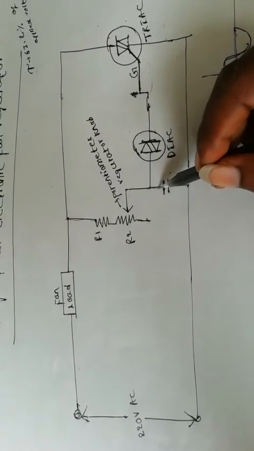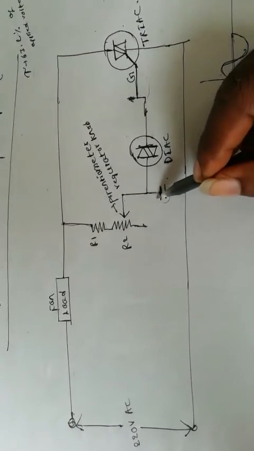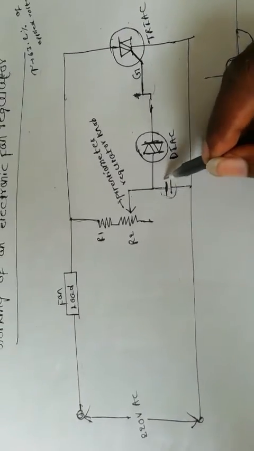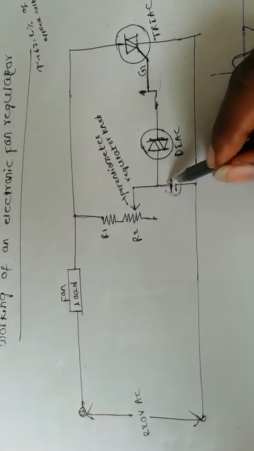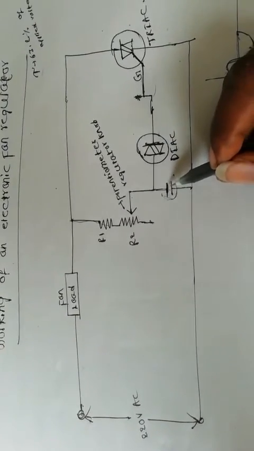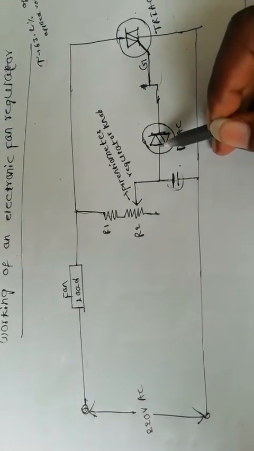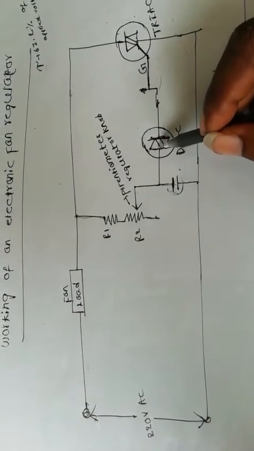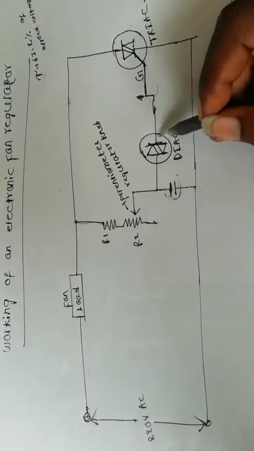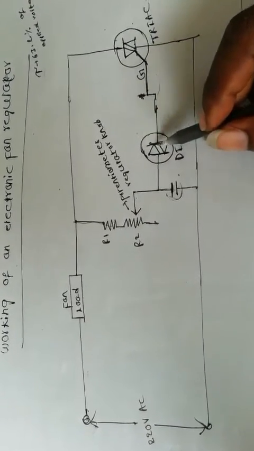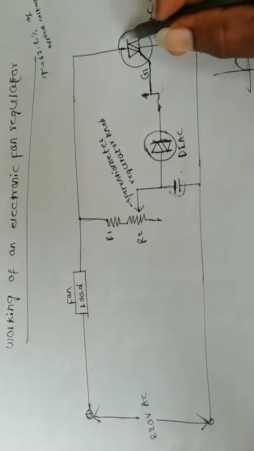Because initially a small resistance is offered here. It acts as a short circuit, so current doesn't go this side. If it goes this side, it will obviously activate the diac component, then it will pass through the gate terminal and activate the triac.